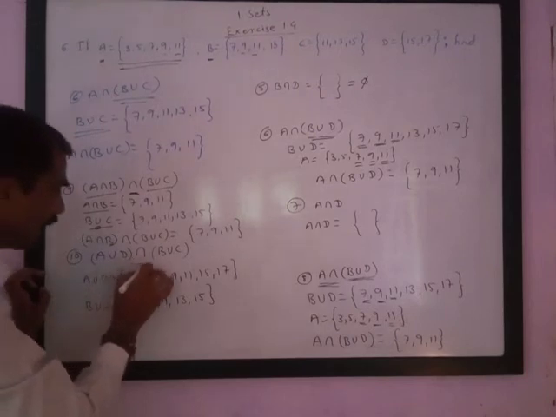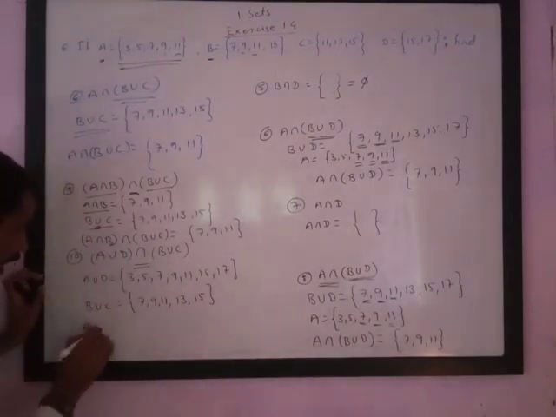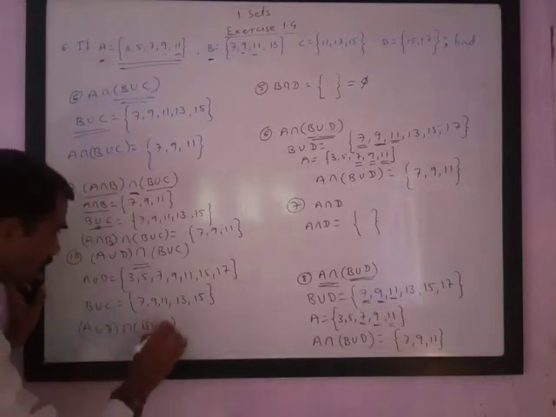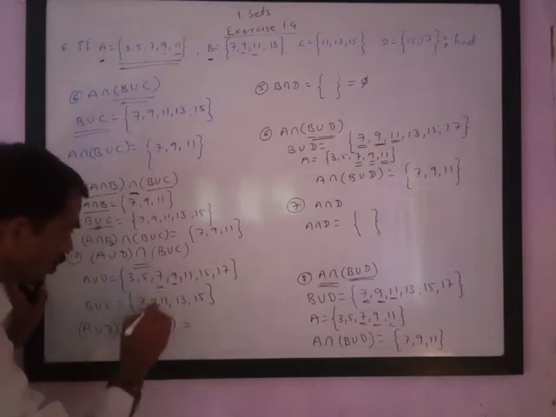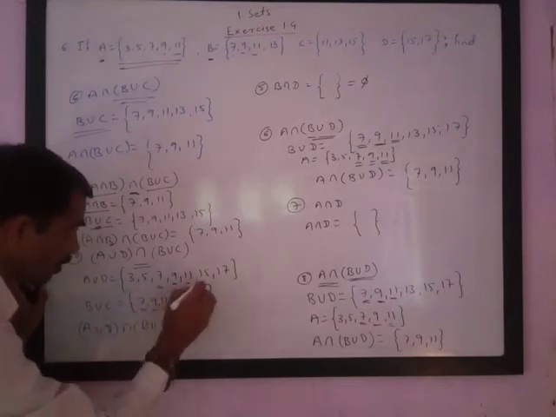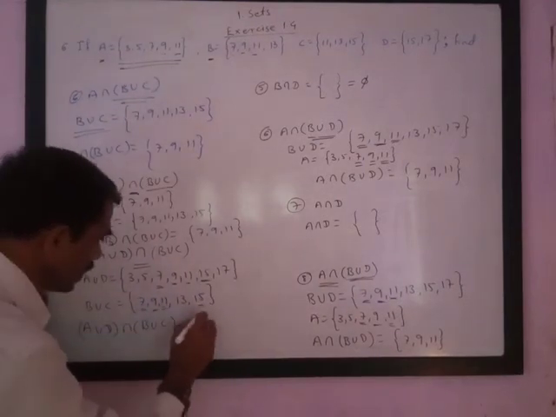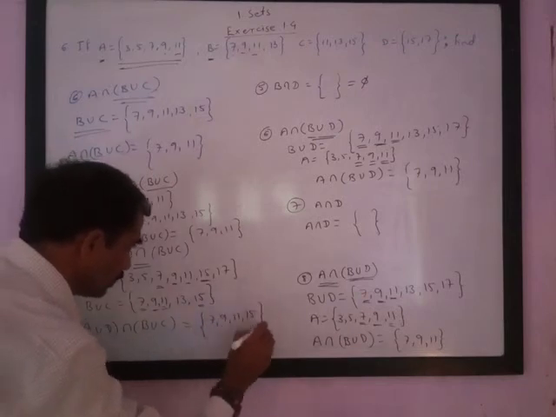Now this is the intersection of these two sets, means which are common to both. Therefore A union D intersection B union C is equal to the set where 7 is common, 9 is common, 11 is common, 15 is common. So it will be the set of 7, 9, 11 and 15.